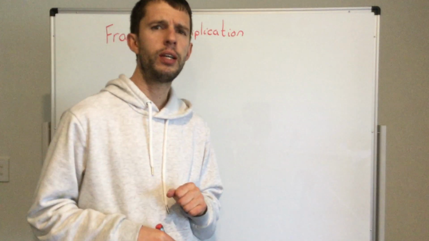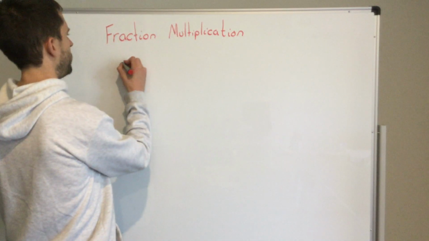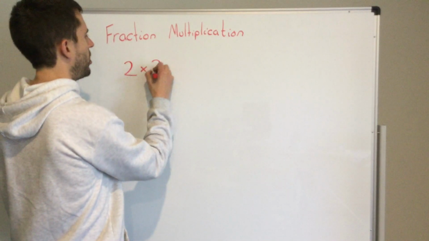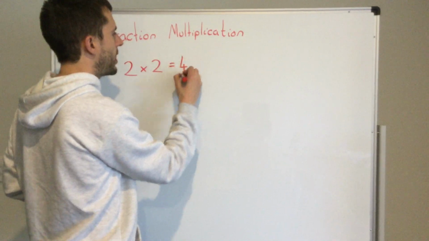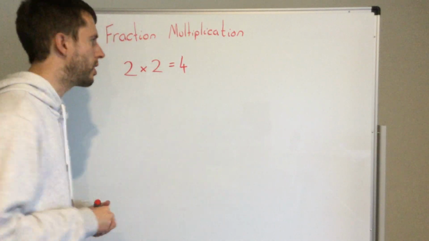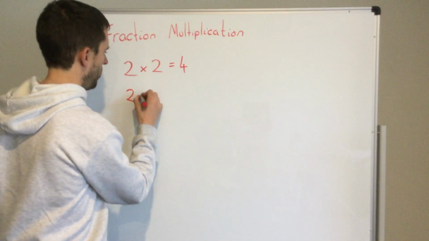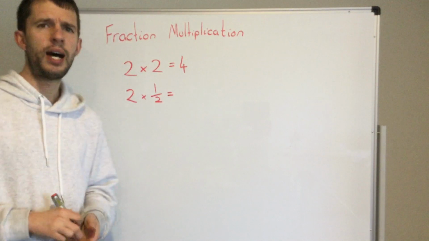So I'm going to put something out there and get you to think about it. What we've been doing, 2 times 2, our number is going to be getting bigger. What happens when I'm timesing again with a fraction? 2 times a half.